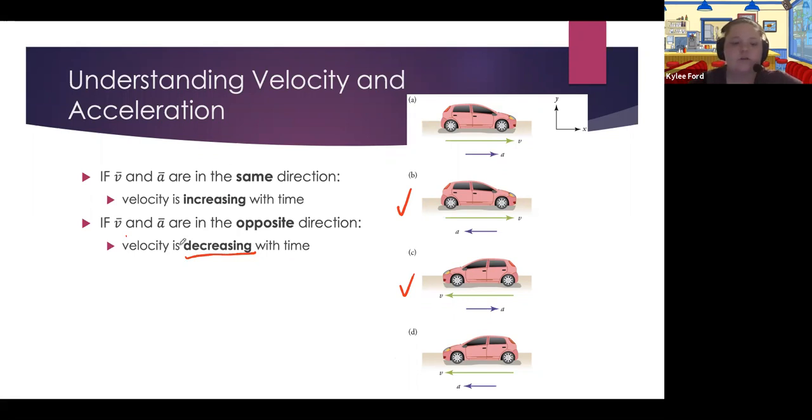Let's look at our graph again. If we have a positive velocity, we know we're in this quadrant here, quadrant 1. Maybe you guys remember that from algebra, maybe not, that's okay.